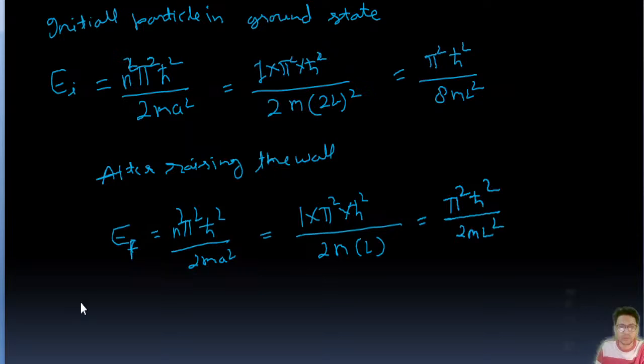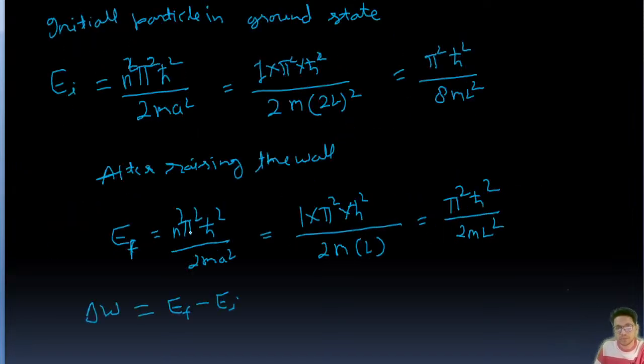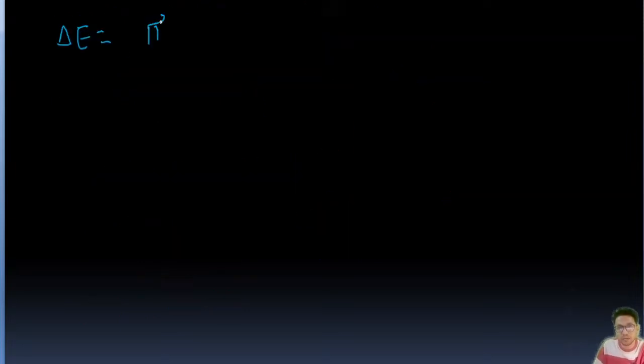Now the work done we know. Work done, delta W, is going to be E final minus E initial. So delta E is going to be pi square h cut square upon 2 mL square minus pi square h cut square upon 8 mL square.